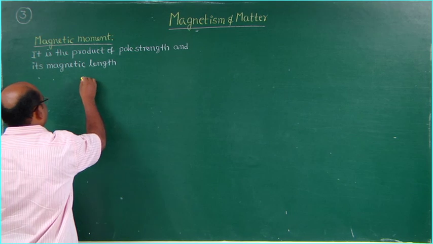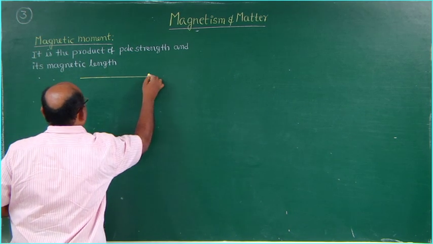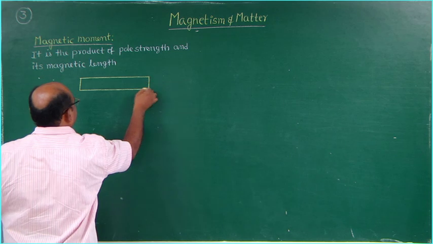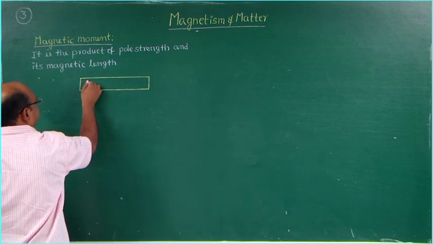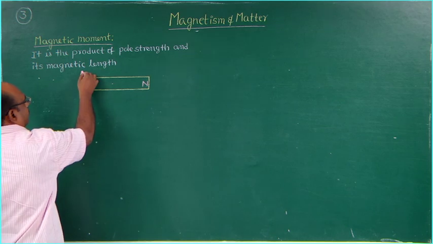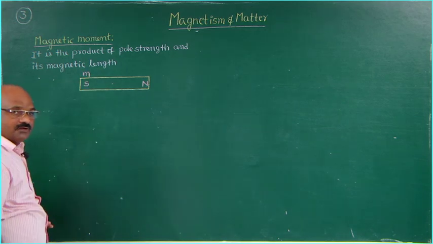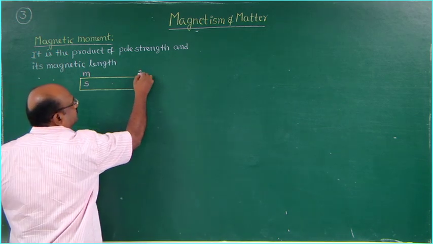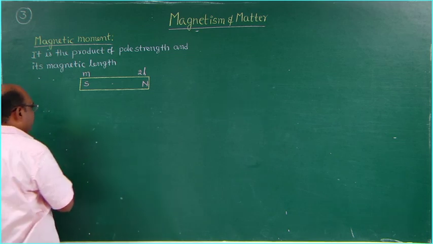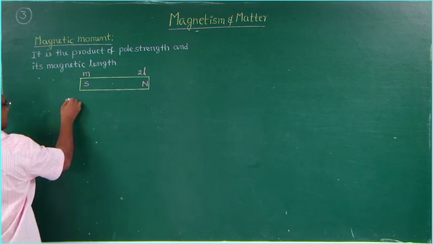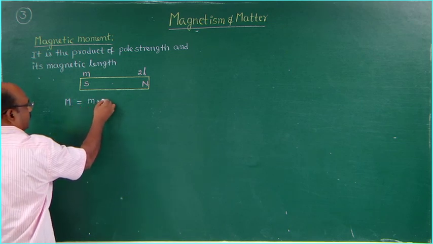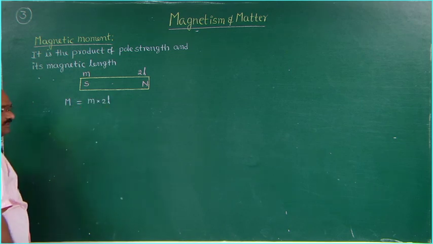Suppose let us consider a bar magnet. This is the bar magnet with the south and north poles. Pole strength is M and a magnetic length is 2L. Now, the magnetic moment of this bar magnet is denoted by M. M is equal to the product of pole strength into magnetic length.